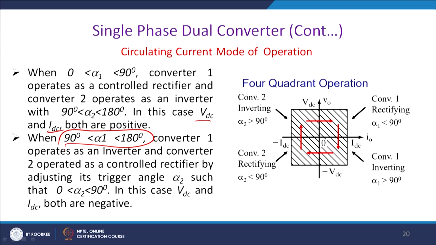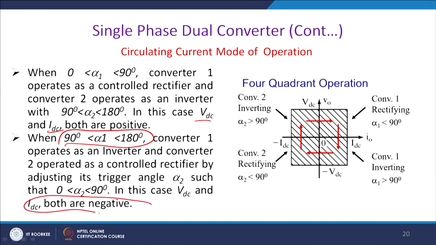When alpha 1 is more than 90 degrees and less than 180 degrees, then converter 1 operates in the inverter mode and converter 2 operates in rectifier mode, and thus we get a negative VDC. For this reason we have a 4 quadrant operation.